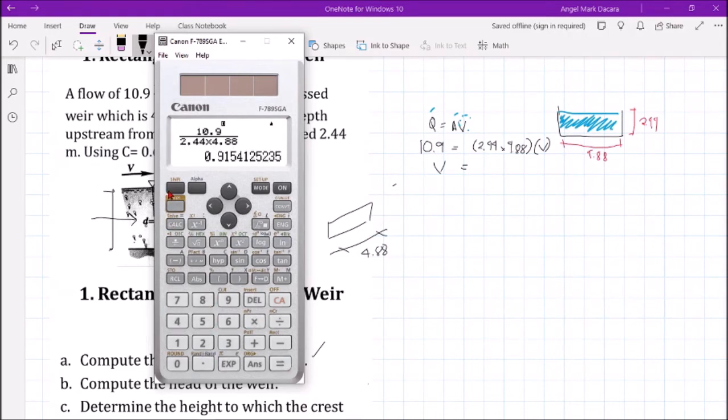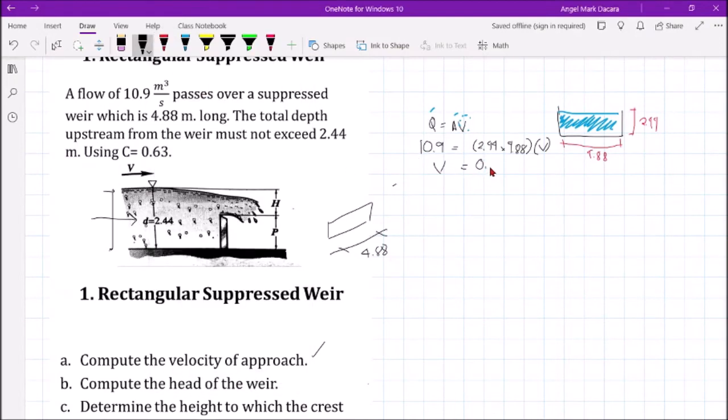So that is 0.915 meters per second. Okay, so that's the velocity of approach.